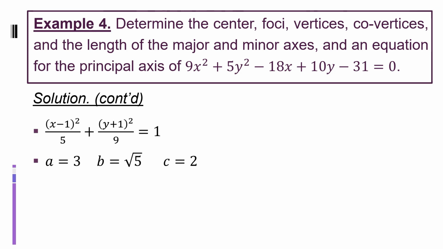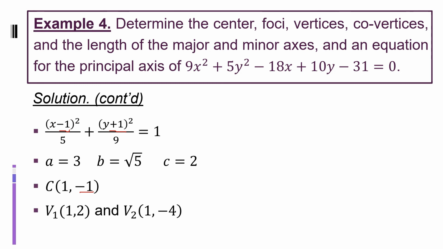So since we know that, yung center natin ngayon, alam natin na nasa 1, negative 1. So since vertical siya, para makuha natin yung vertices, dito tayo sa y magpa-plus or minus ng 3.